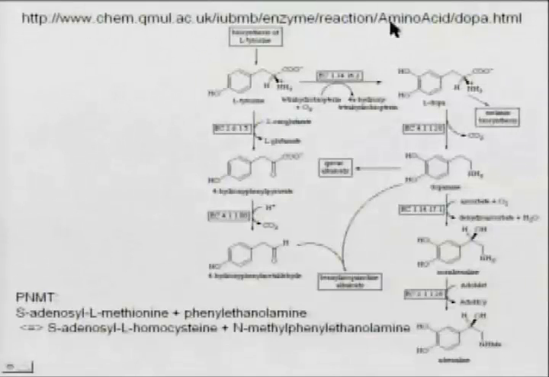I give you the link to the website where I found this illustration. It's very nice. When you click on these various boxes, it takes you to other links and other information about the enzymes. So the biochemistry of the nomenclature of the enzymes is highly standardized, and I encourage you to familiarize yourself with it again.